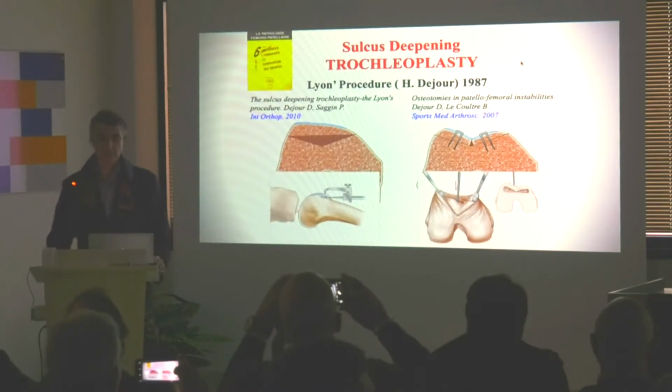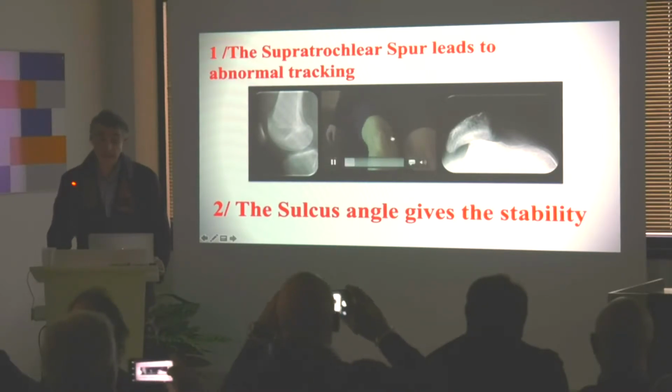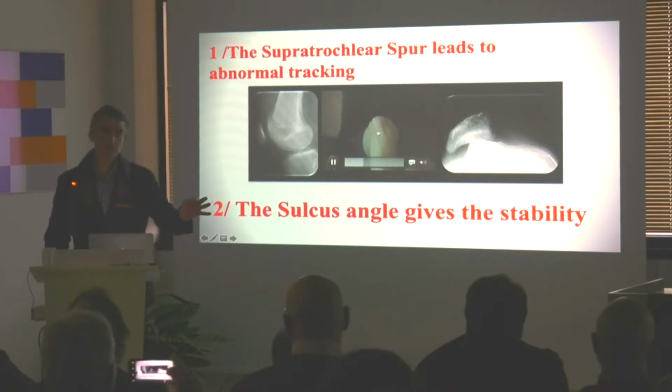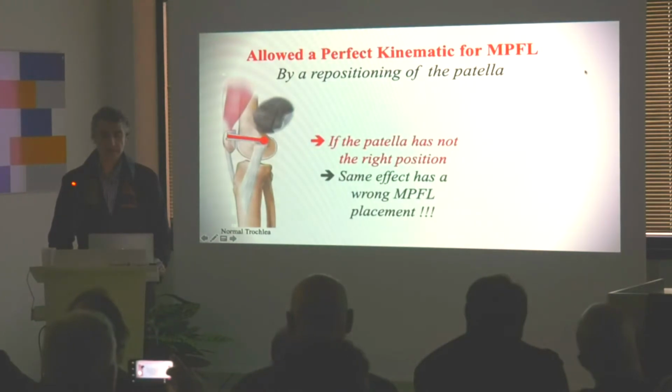So the technique and the indication will be to remove this abnormal tracking, and as soon as you have this abnormal tracking, this is a good indication for trochleoplasty, definitely, because you always have a high-grade trochlear dysplasia. The sulcus angle will give the stability.